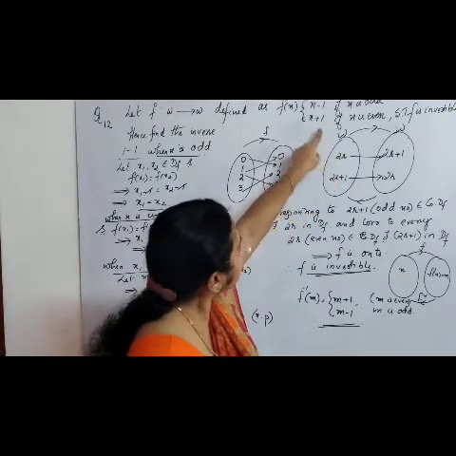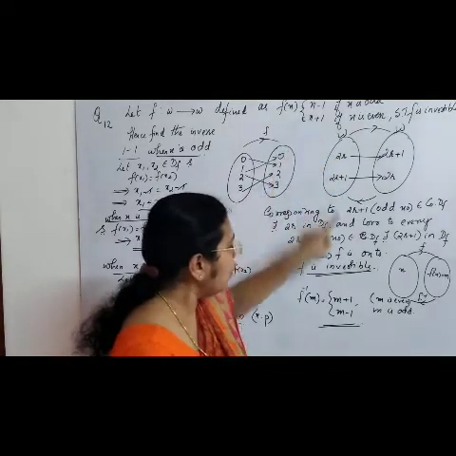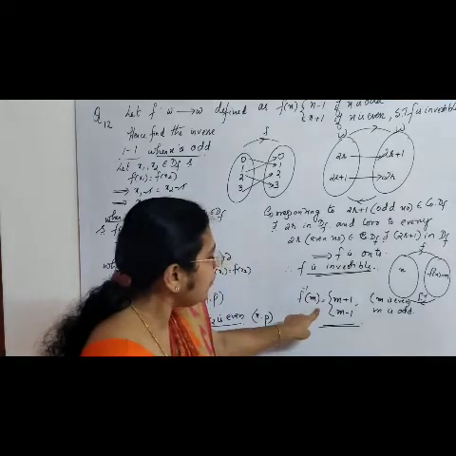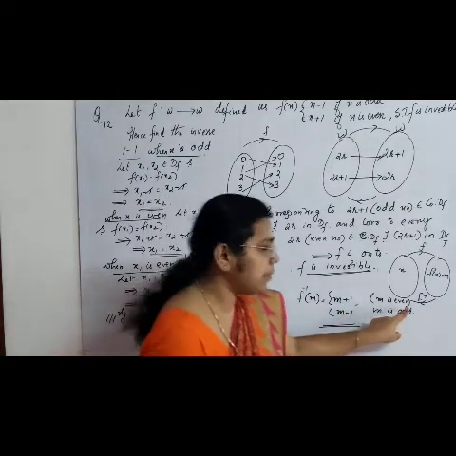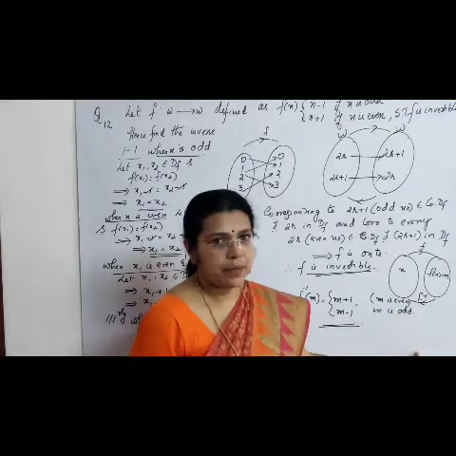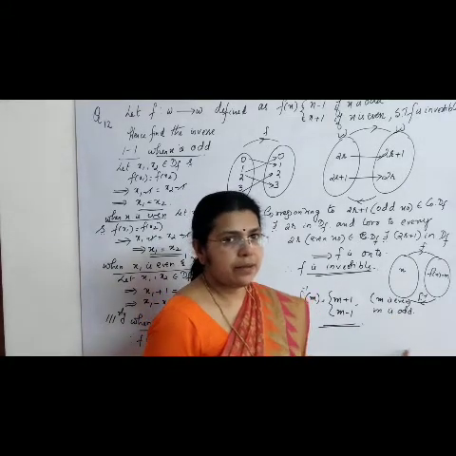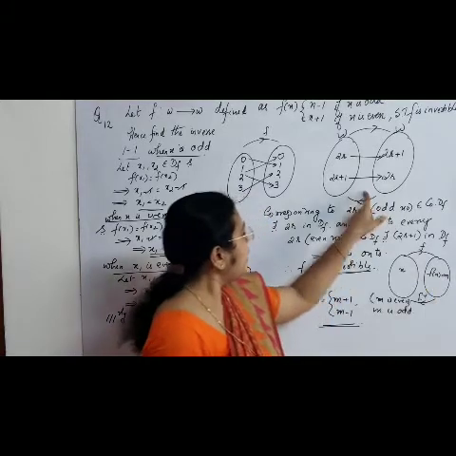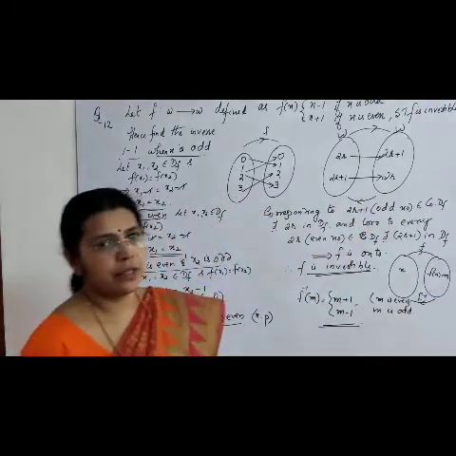Even number means it is m plus 1. So f inverse of m is m plus 1 when m is even, and m minus 1 when m is odd. I hope this is clear. Just look into this and then come to the conclusion.